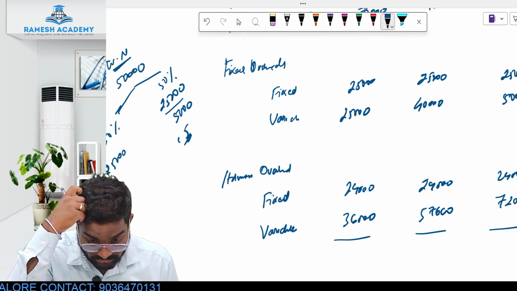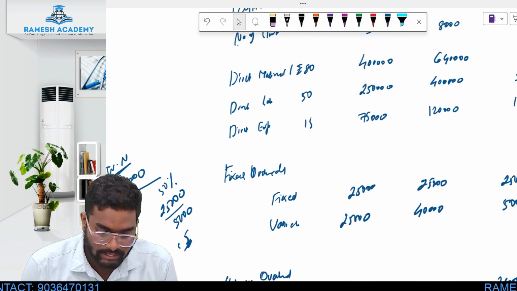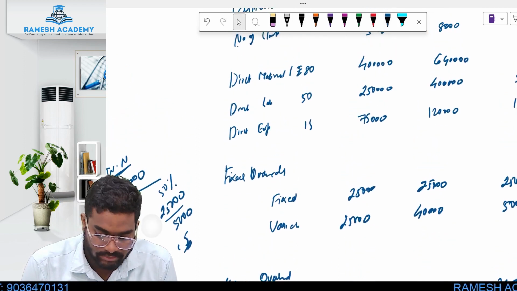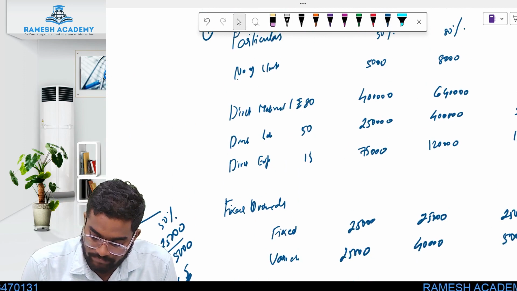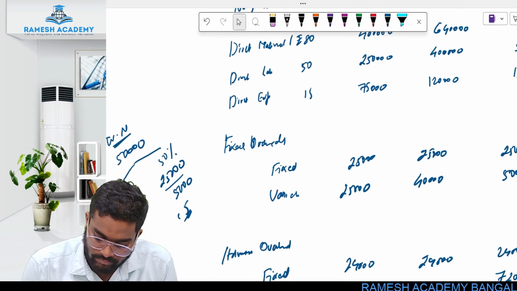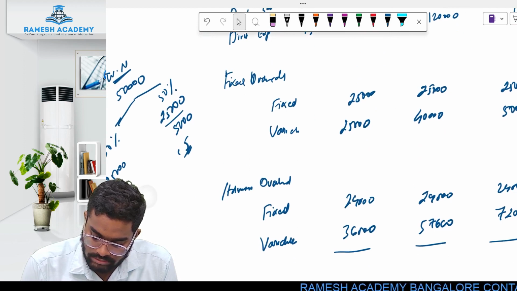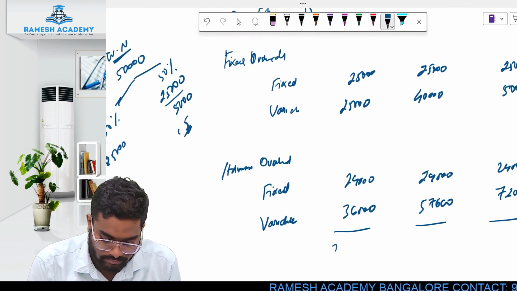So now I think we have calculated all the cost, fixed and variable and the semi variable, sorry. So we'll just add it up. 4 lakh plus 2 lakh 50 plus 75,000 plus 25,000 plus 25,000 plus 24 plus 36. So it is 8,35,000 here.